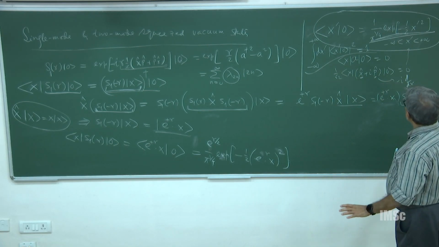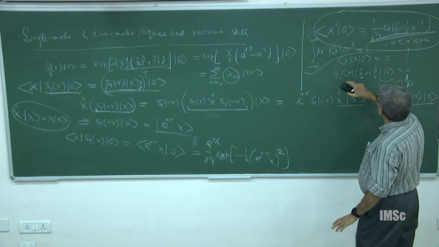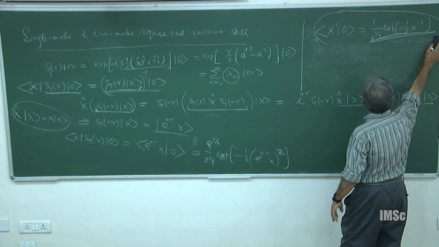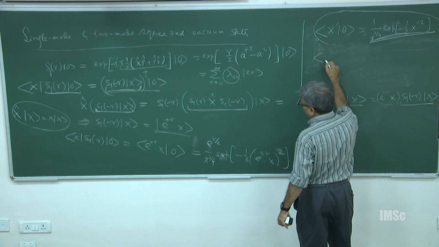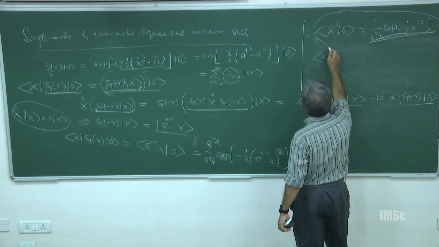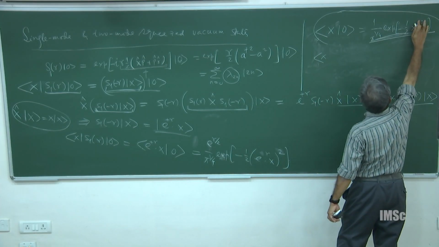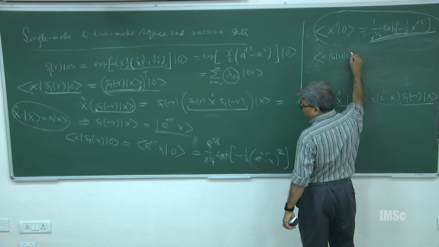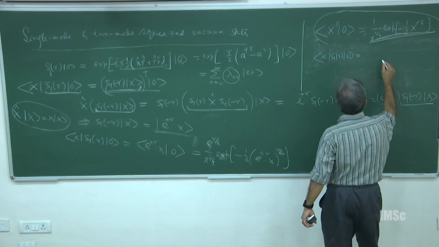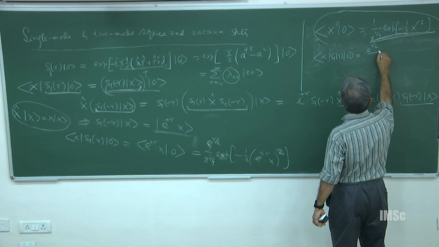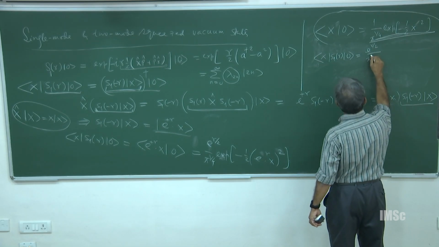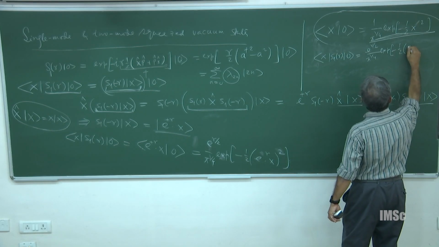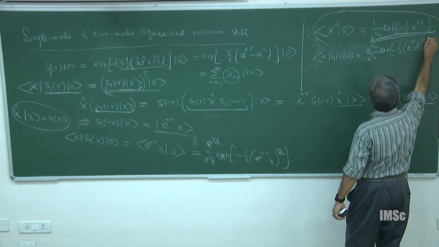Good. So let me keep these two things here. Let me call it X. So this is S1 of R acting on 0, which is e to the power r by 2, then pi to the power 1/4, exponential of minus half e to the power r times x whole square.